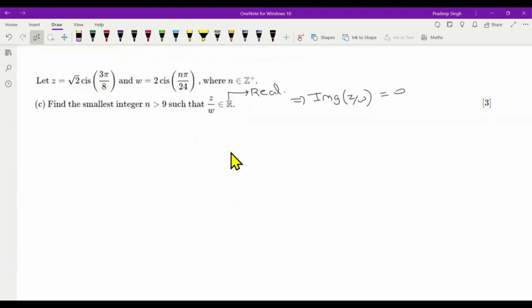Same steps. First, convert the polar into exponential forms. And then we divide.